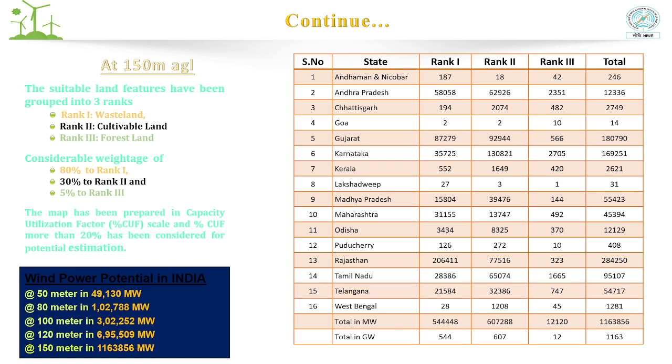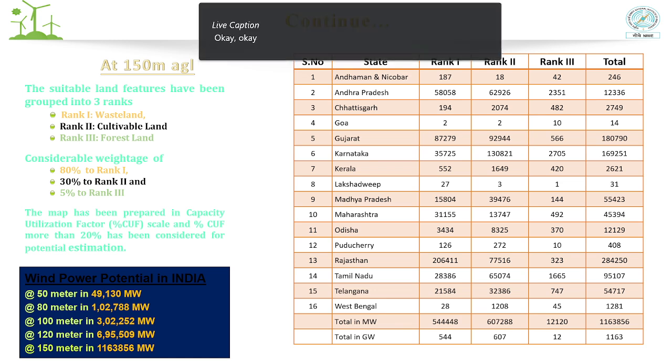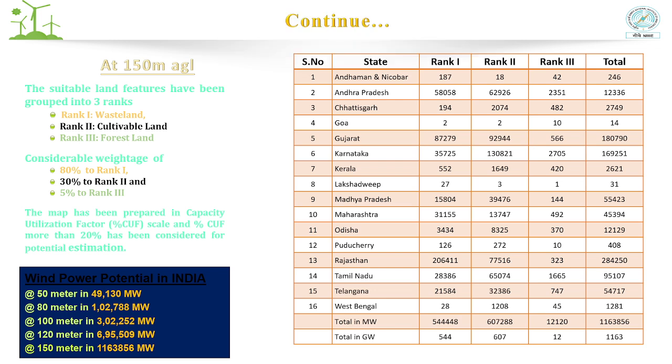Suppose you install a 3 megawatt machine. 3 megawatt will not generate 3 megawatt all the 24 by 7, 365 days. It will only generate for the 5 months, some 5 hours or 10 hours a day, at that peak.